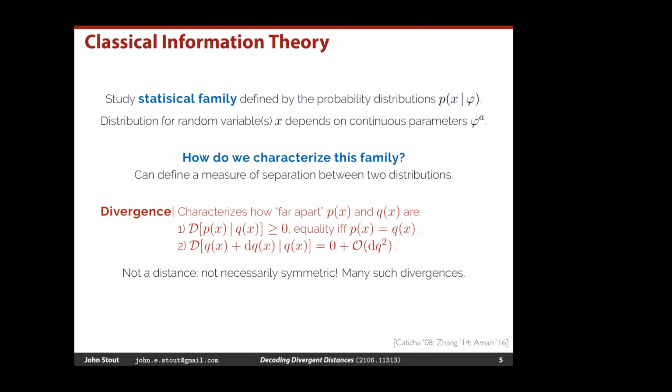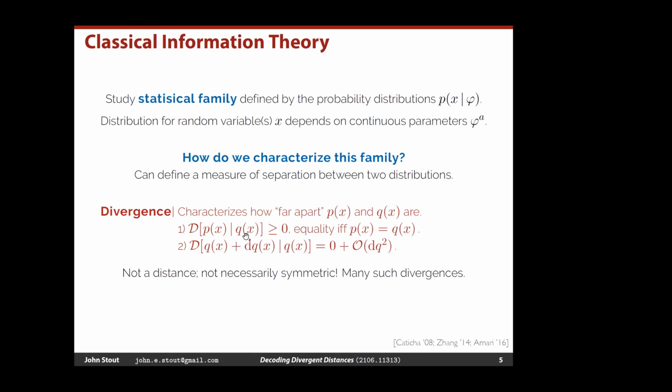And the most useful type of measure of separation that you can define between different probability distributions is something called a divergence. So a divergence has two properties. It's like a distance, but it's not necessarily symmetric, and it takes two arguments.